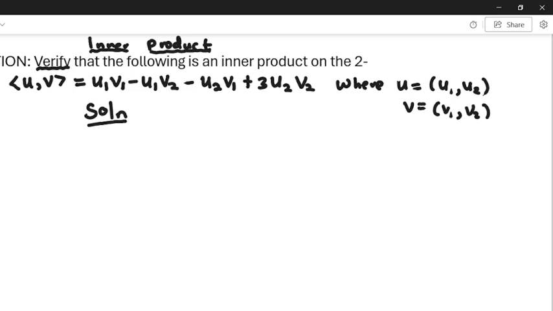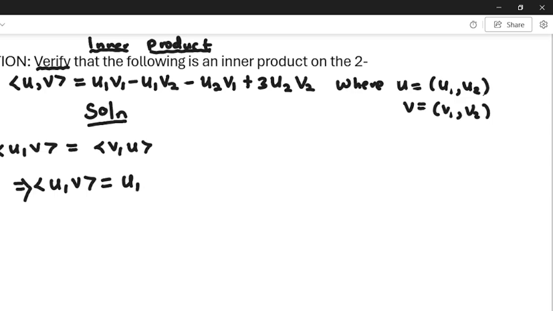And now we start with the basic. So the first thing you're going to prove is that the inner product of u, v is the same as the inner product of v, u. This is quite simple because our definition is that <u, v> is equal to u1 v1 minus u1 v2 minus u2 v1 plus 3 u2 v2.